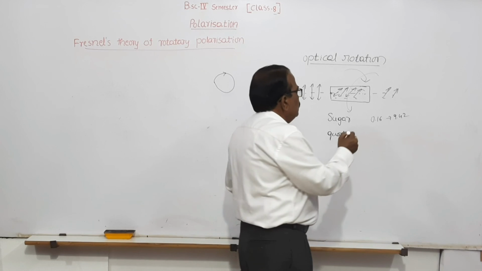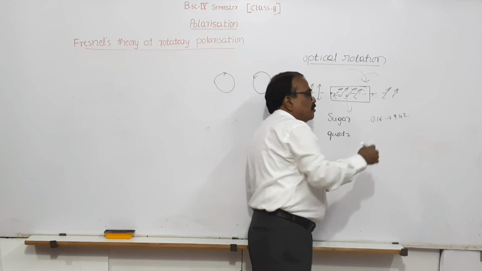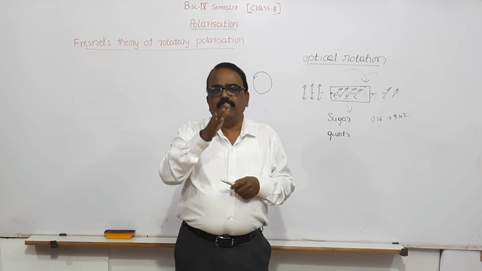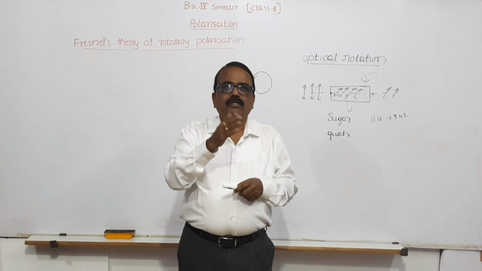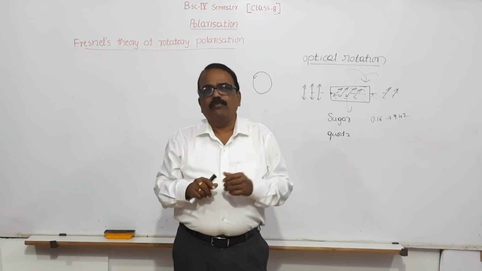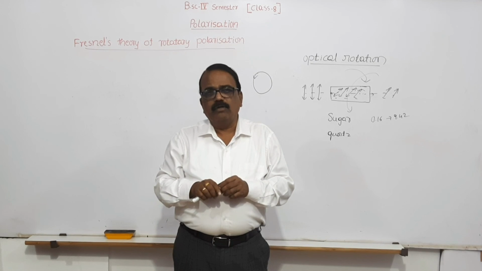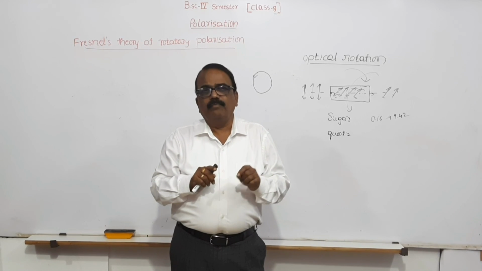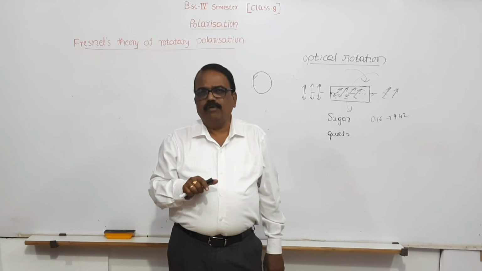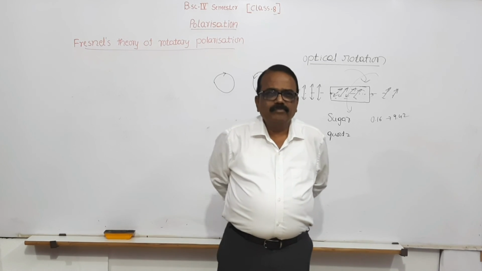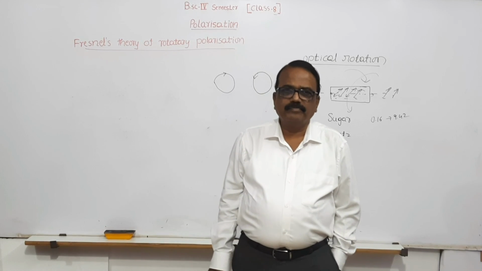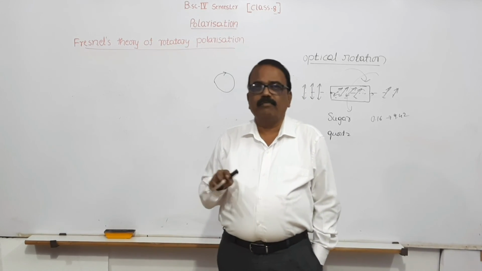Then, on emerging from the substance, the two waves recombine to form a single plane polarized light rotated through a certain angle, whose angle of rotation depends on the phase difference between the clockwise wave and the anti-clockwise wave. I think this completes your entire topic, our entire syllabus assigned to me.